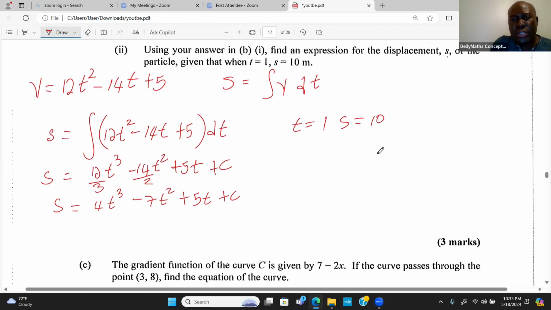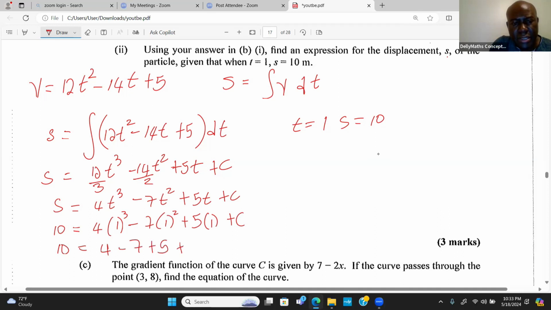So what we can do is substitute these right here. So s is equal to 10 because our intention is to find the constant c. 4 times 1 to the third minus 7 times 1 squared plus 5 times 1 plus c. So 10 is equal to 4 minus 7 plus 5 plus c.